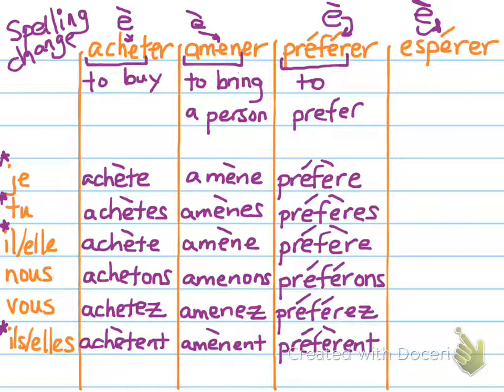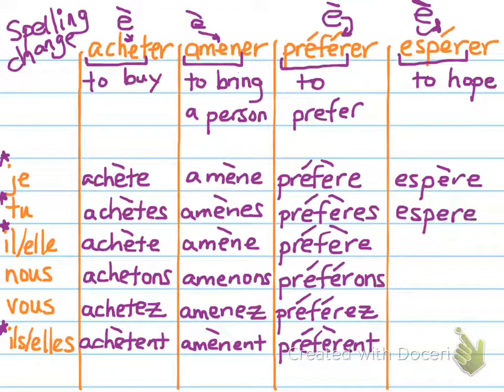For espérer, which means to hope, again, that accent changes direction in the stem, or in the boot. So again, here's our stem, and we add an E, and our accent changes direction. We add an ES, our accent changes direction.